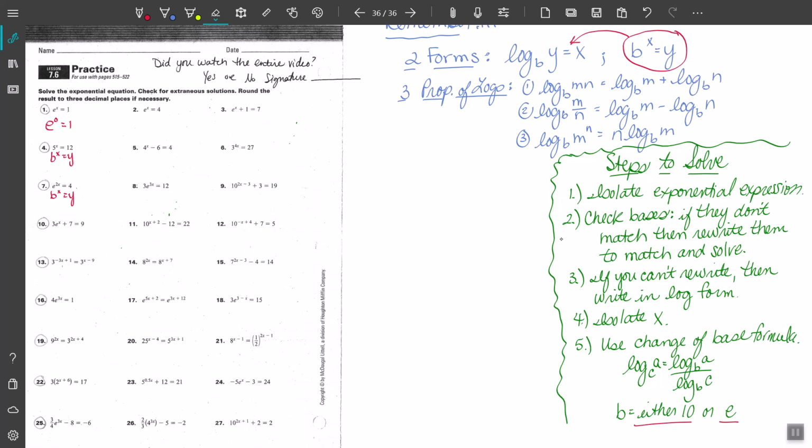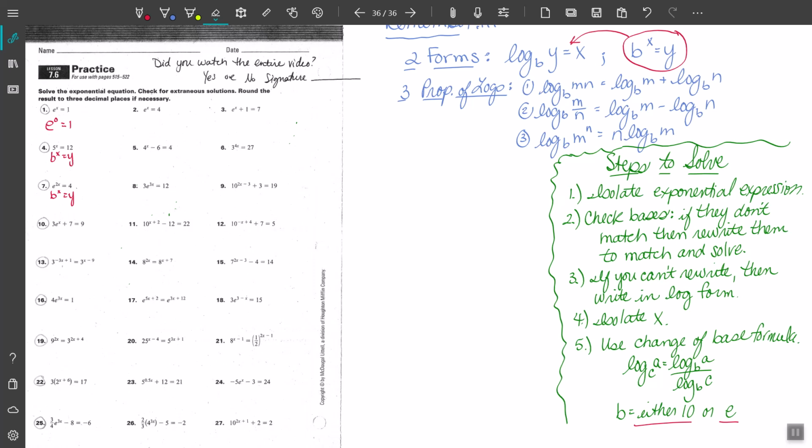The great thing about it is if we look at number 2 where we say to check the bases actually match. They both have a base of 3, and we're saying that these two exponential expressions equal each other. So if the bases match, then we know that those exponents have to match.